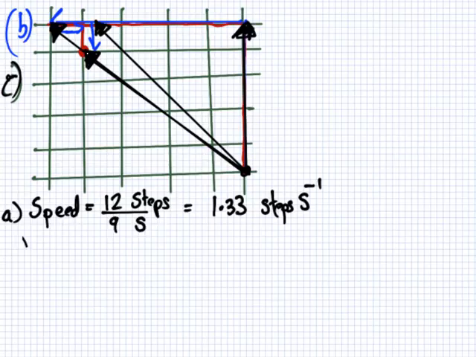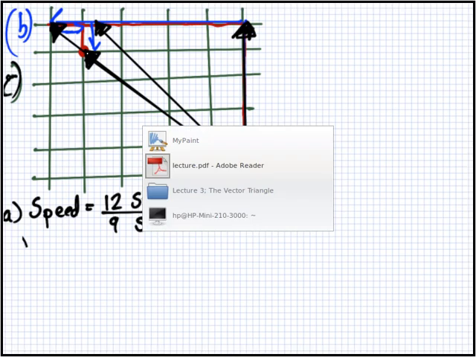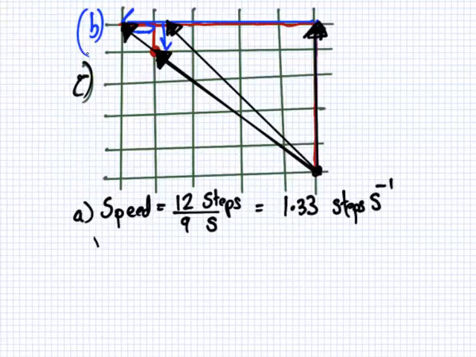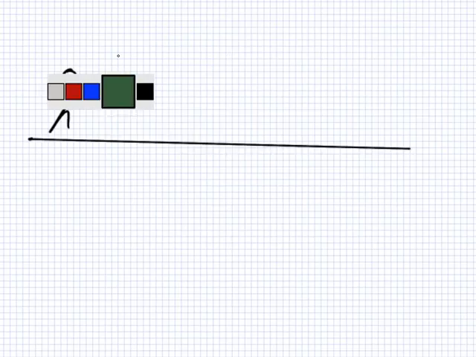Whereas velocity vector, where is that pointing? Towards the direction, where it's moving. So if we have something moving like this, the velocity is pointing this way, but the displacement is pointing to its location. It's changing over time. For example, if we have a man walking to the east, this will be his velocity vector.